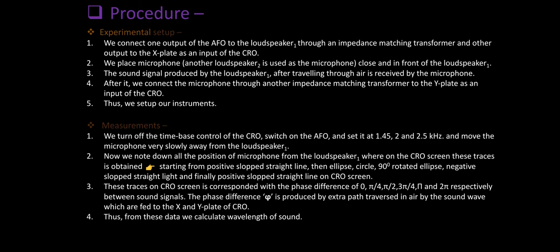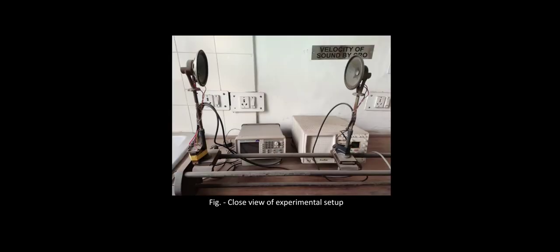So what is the procedure? The procedure contains 2 parts: the setup of our apparatus and the measurement. This is the view of the experimental setup. This is a close view, this is a far view. This is the audio oscillator, this is the CRO, this is the loudspeaker, this is the second loudspeaker, this is an impedance matching transformer, this is also an impedance matching transformer.